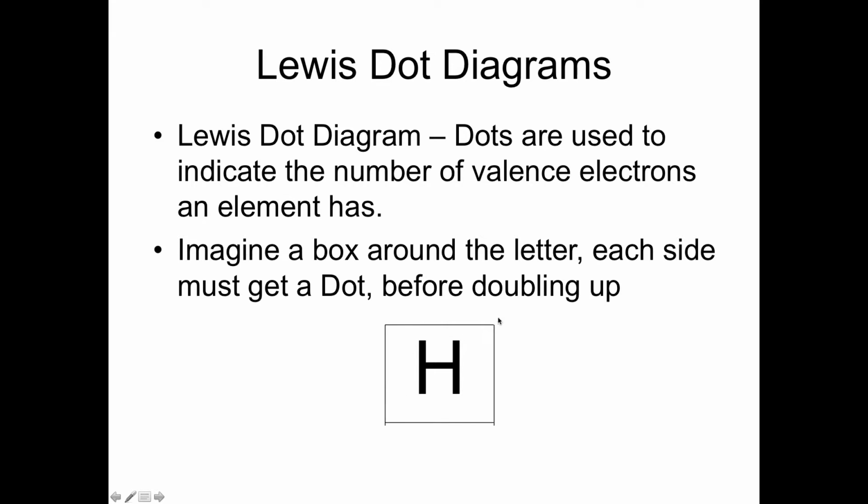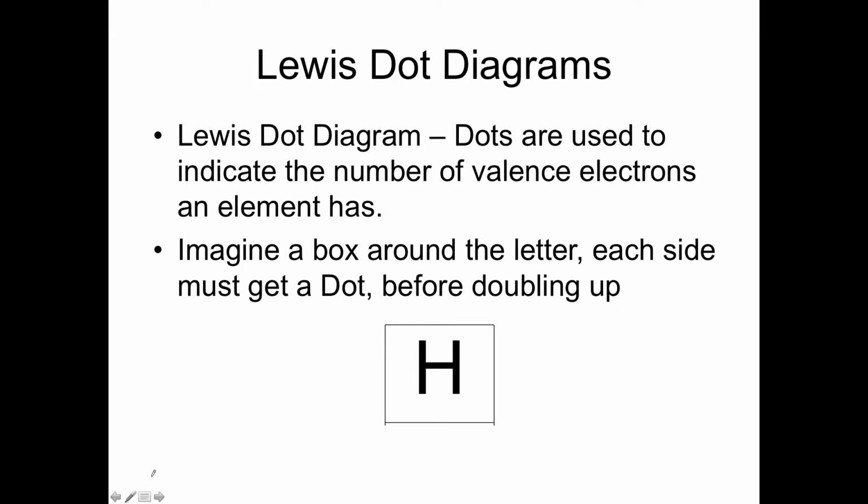Here's hydrogen. Here's my imaginary box I'm going to put around hydrogen. What we're going to do is look at our periodic tables. We're going to find hydrogen, and find out what column it's in, how many valence electrons it has. You'll notice that hydrogen is in the column with 1 valence electron.